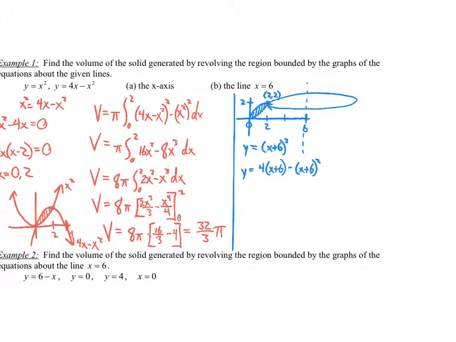If I were to switch the x and the y, maybe a bunch of square roots. Or, I'm sorry, I don't want to switch the x and y, I just want to solve it for x. Okay, so I'm going to have the square root of y equals x plus 6, so x is -6 plus the square root of y. That one's not too bad.